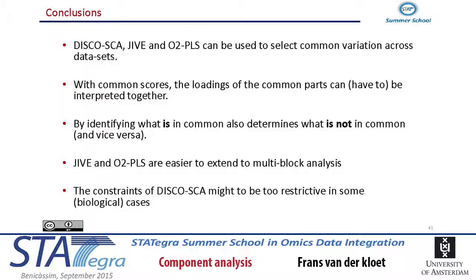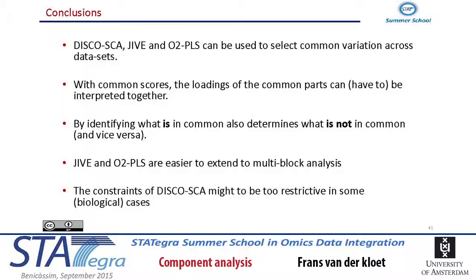So, concluding, we can use Disco and O2PLS to select common variables, and even though I haven't shown Jive and O2PLS, I guess tomorrow you will do that in the exercises. With common scores, if you have these common scores, you can compare the common loadings. And actually, you have to do that, because they're not separate anymore.